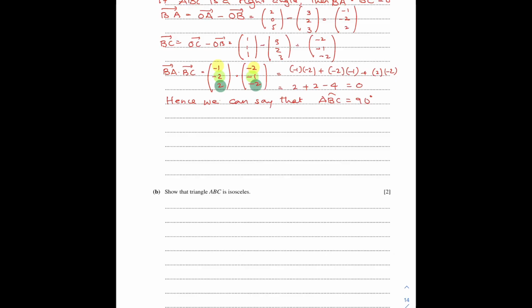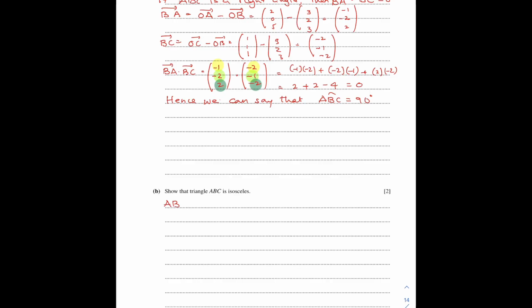Show that the triangle ABC is an isosceles triangle. Let's try with AB and BC that I already have. If they are not equal, then I will try to figure out the third one. But at the moment, let's begin with that. So AB, which we have calculated already, or BA. BA is -1, -2, 2.